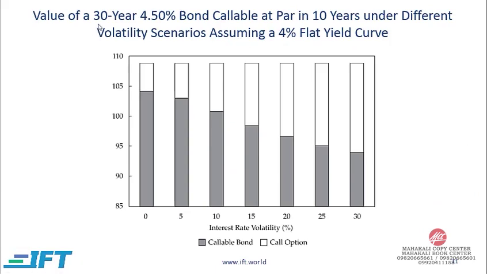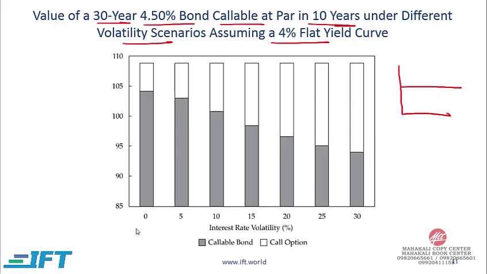What we are looking at here is the value of a 30-year 4.5% bond, which is callable at par in 10 years under different volatility scenarios, assuming a 4% flat yield curve. So our yield curve is flat, but we are assuming different volatility numbers.